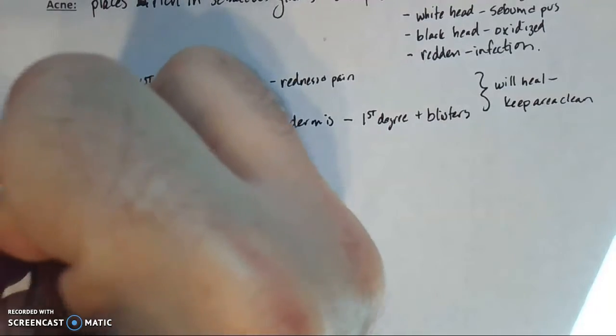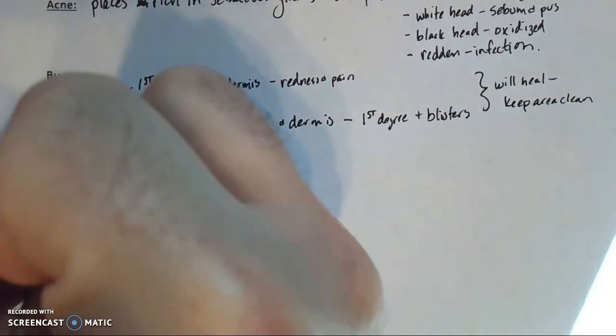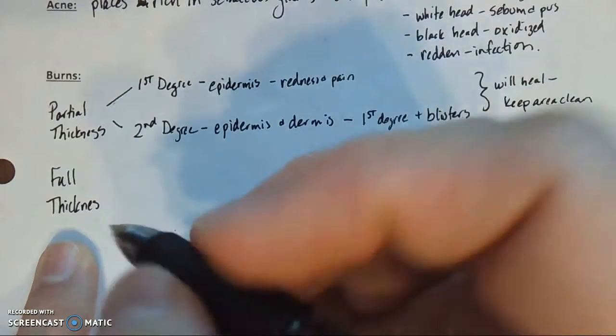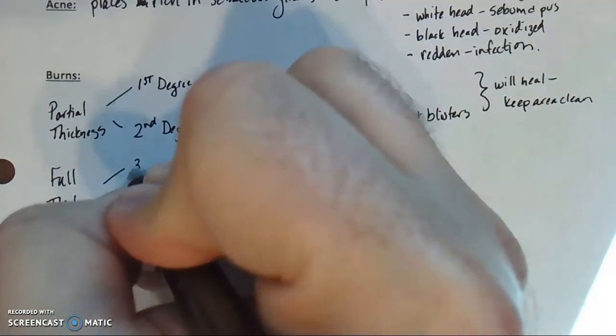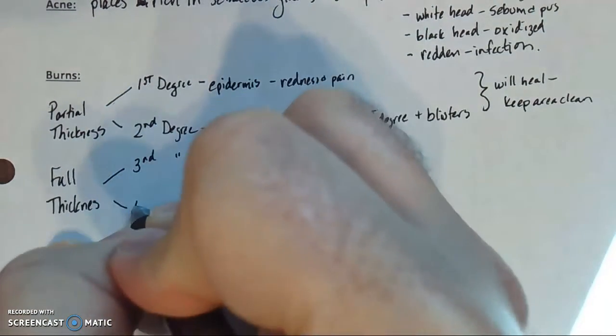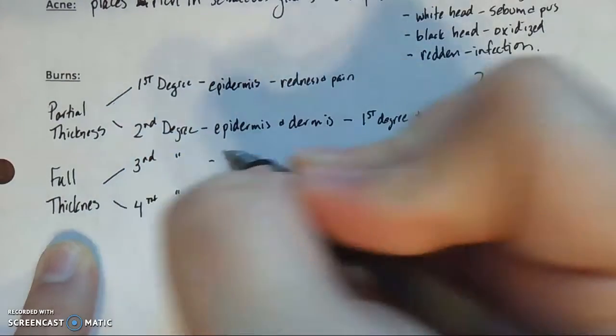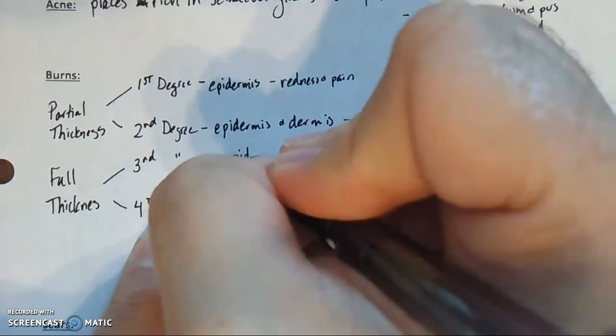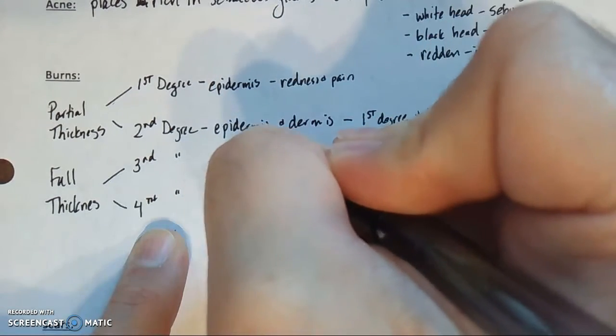And then when we have full thickness burns, these are the ones that are just horrible. So third degree burns and fourth degree burns. Third degree burns extend the whole way through the epidermis and dermis.